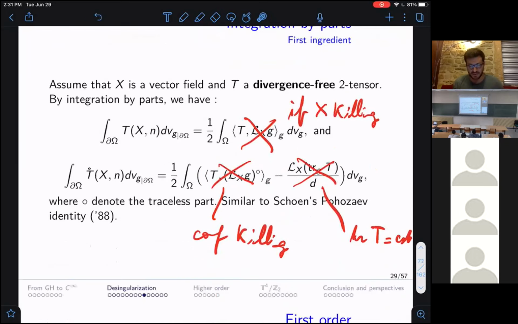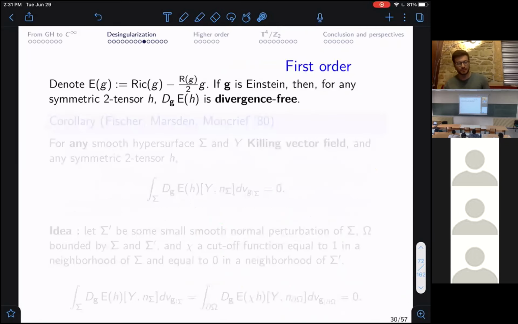So what's the link with integrability? Let me take E of G to be the tensor I mentioned, which is divergence free. And a very simple result is that if G is Einstein, then any linearization of this tensor is divergence free.